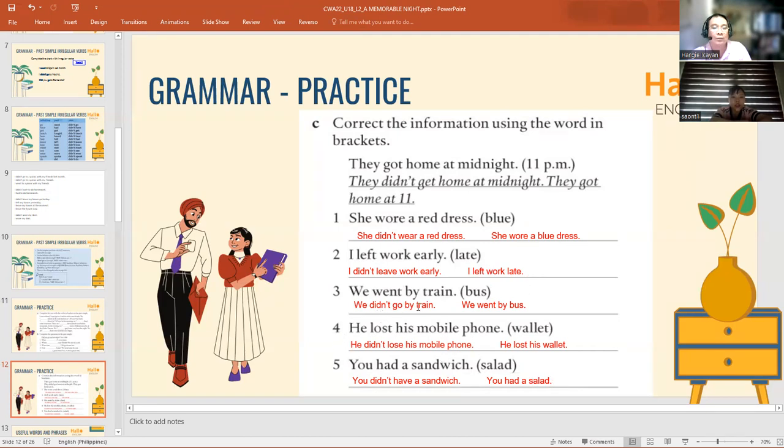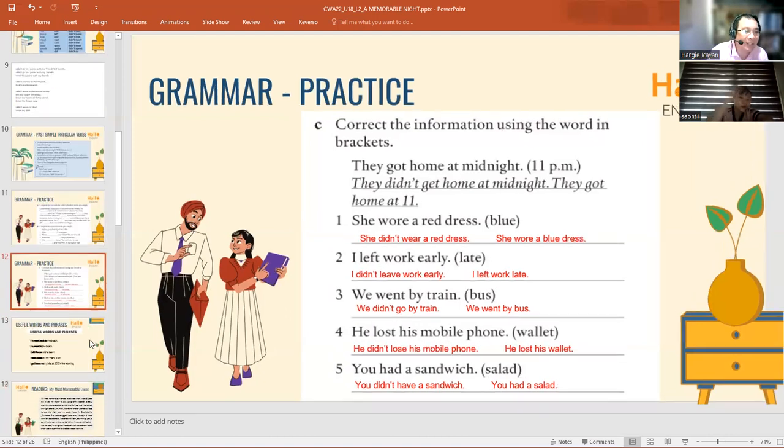We didn't go by train. We went by bus. He didn't lose his mobile phone. He lost his wallet. You didn't have a sandwich. You had a salad. Okay, very good.